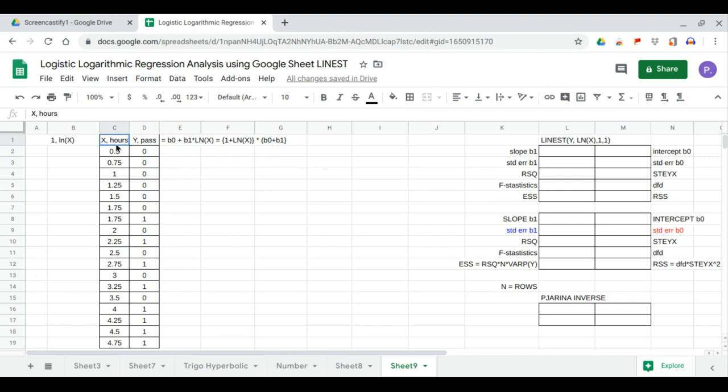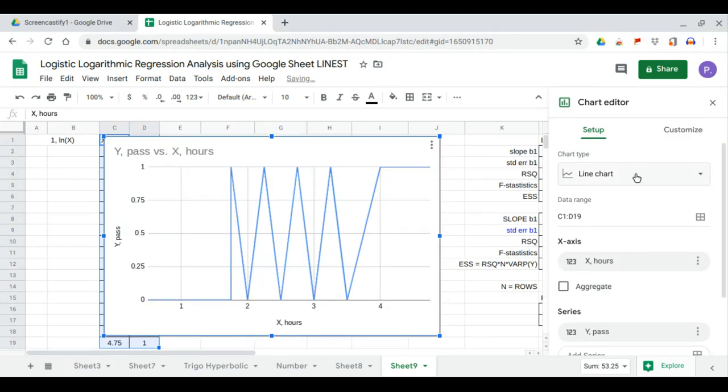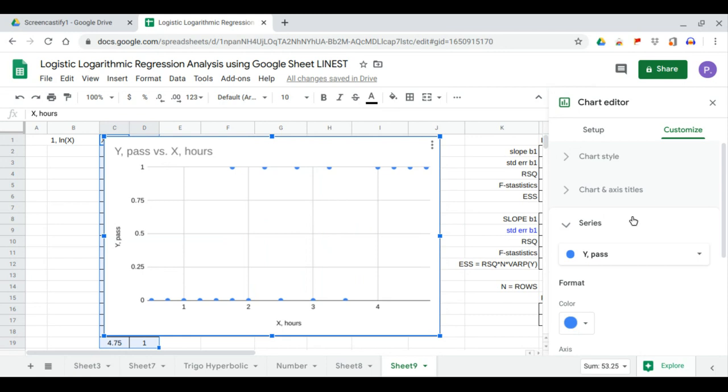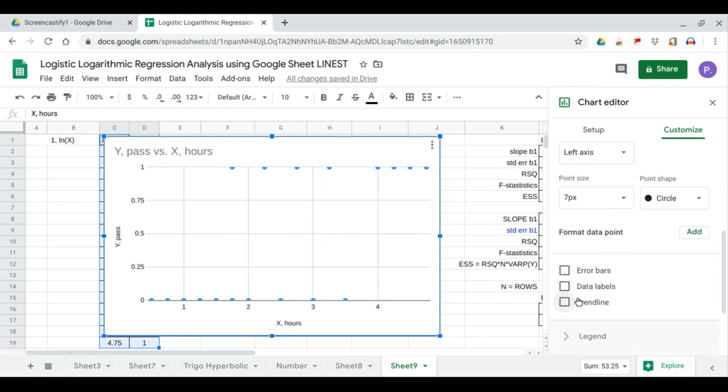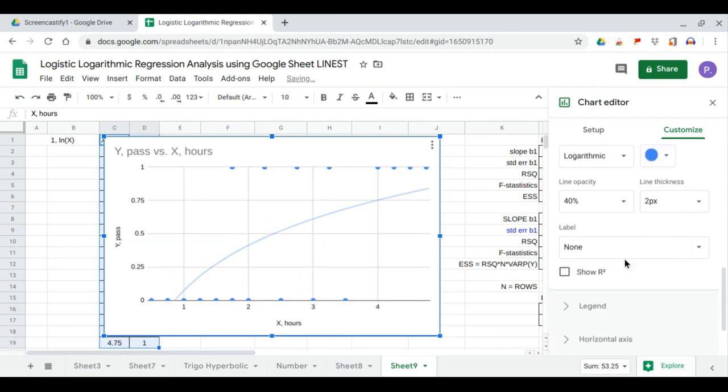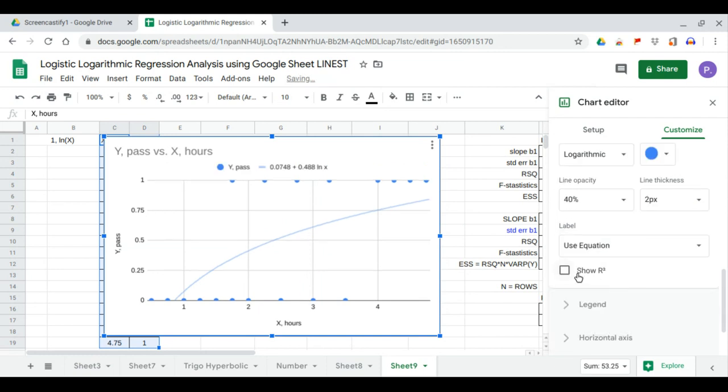So we begin with the scatter chart and show the logarithmic equation as labels. Choose the scatter chart, the trend line will be logarithmic, and show this label, and also r squared.